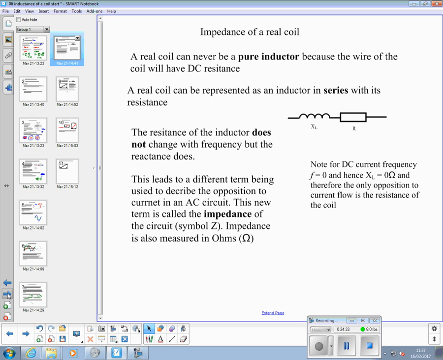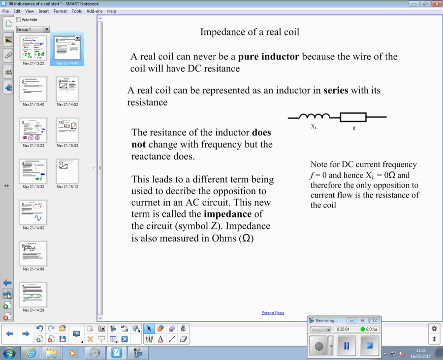Right. So, our experiment was not this imaginary inductance only coil. It was a coil that had some resistance. So, a real coil can never be a pure inductor because the wire of the coil will have DC resistance. So a real coil can be represented in a circuit by putting a small resistor in series with the inductor.